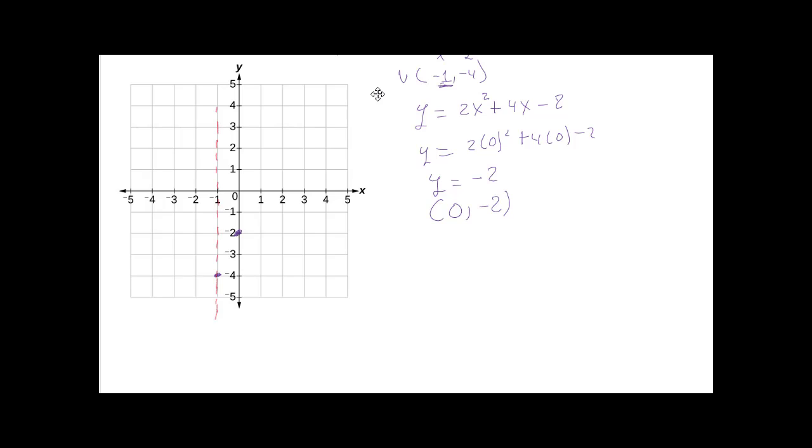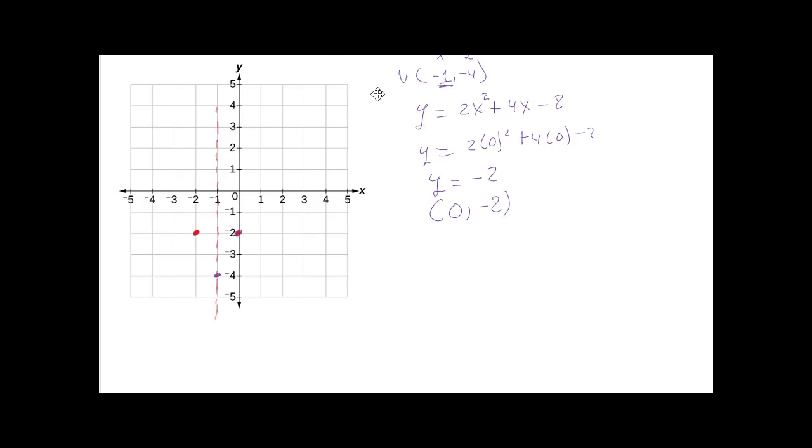It's like a mirror. Then, if I move 1 unit to the right of my vertex, the value of y of my function is going to be -2. What happens if I move 1 unit to the left? Then it needs to be the same value too. The value of y needs to be equal to -2.